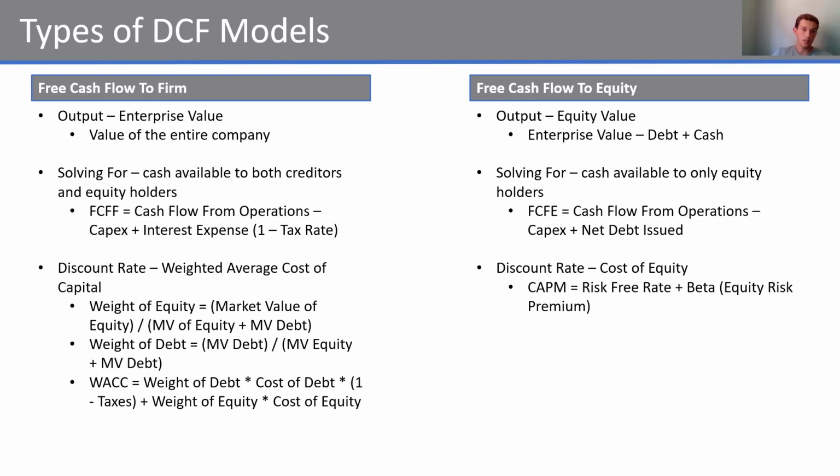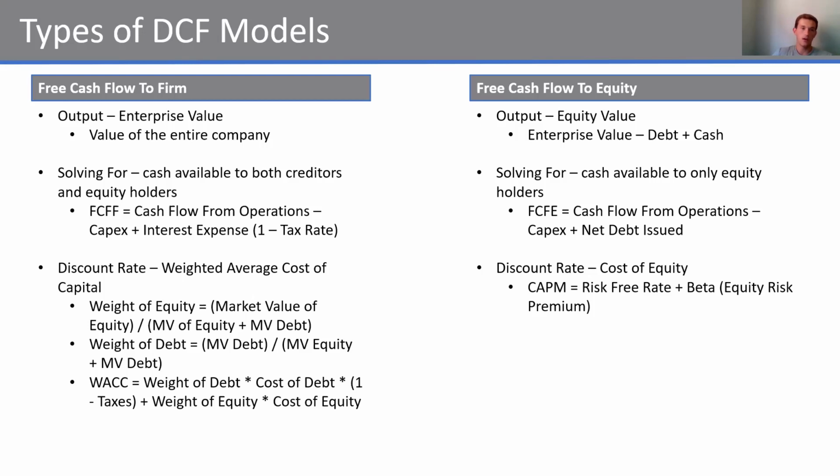The weighted average cost of capital is just the weighted average of those two. So it's the weight of debt multiplied by the cost of debt multiplied by 1 minus the tax rate. That's because you get a tax shield from that debt, so you really don't have to pay the entire interest amount.